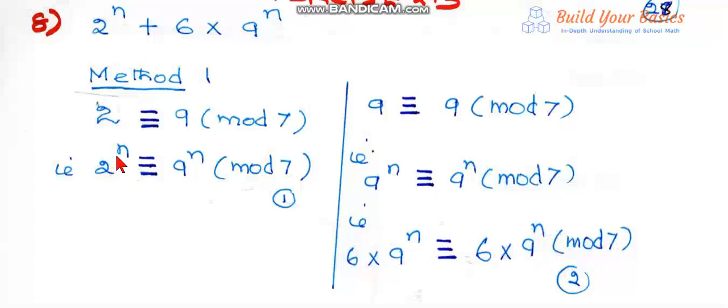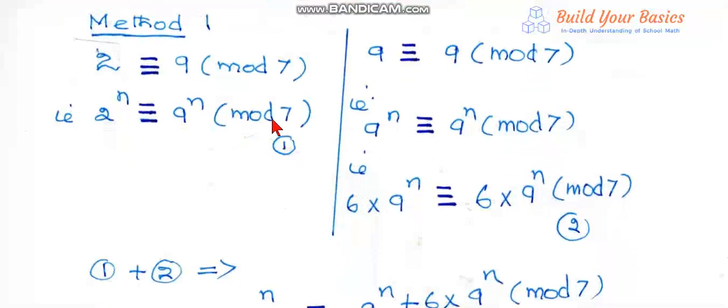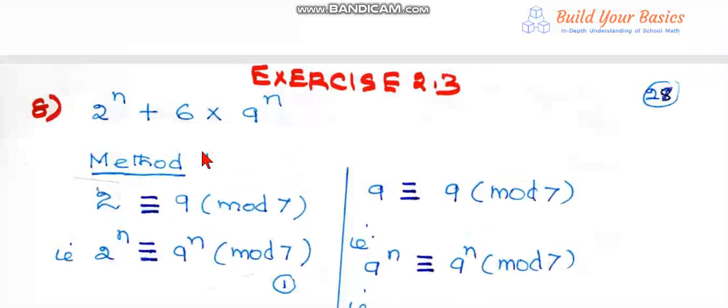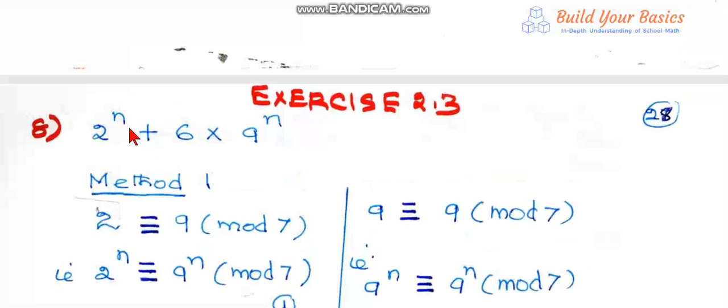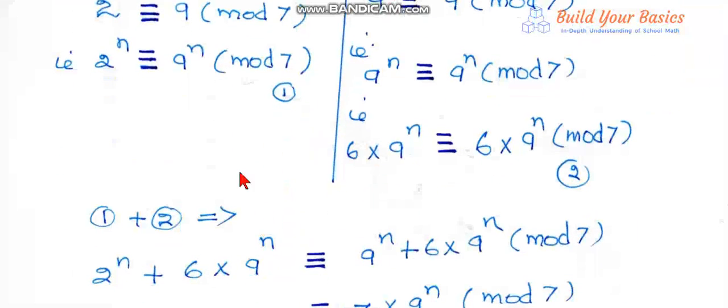So 2 power n is congruent to 9 power n mod 7. 6 into 9 power n is congruent to 6 into 9 power n mod 7. Equation 1, equation 2. Here we have to add. So add these two.